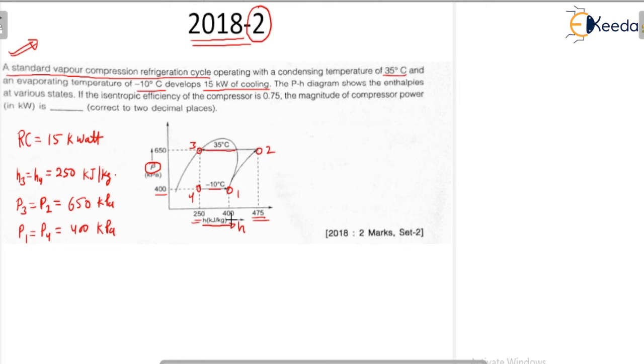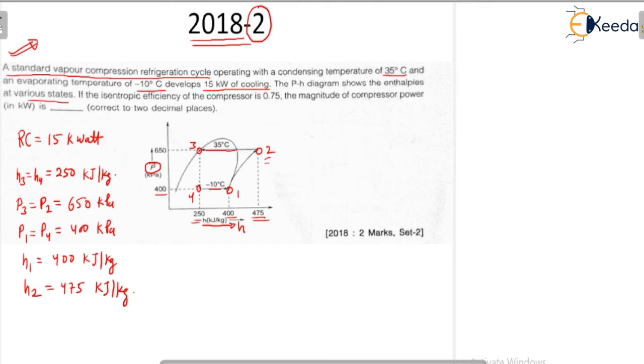Also H1 enthalpy is given as 400 kilojoule per kg as per diagram, and H2 enthalpy is given as 475 kilojoule per kg. So these are the given values.